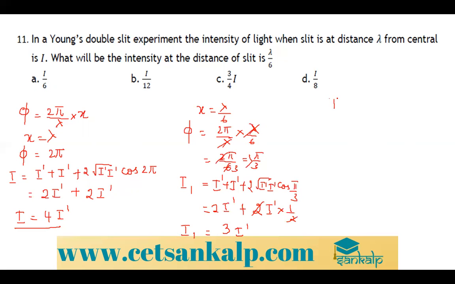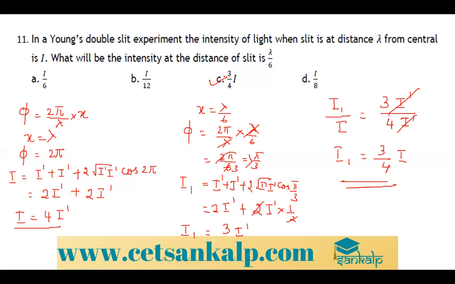ಸೊ ಈಗ ಎರಡು ರೇಷಿಯೋ ತೊಗೊಂತೀನಿ. I1 by I is equal to 3I dash divided by 4I dash. I dash cancel. So I1 is equal to 3 by 4 I. ಅಂದರೆ ಆಪ್ಷನ್ ಸಿ. ಸೊ ಕ್ಲಿಯರ್ ಆಯ್ತಲ್ವಾ?